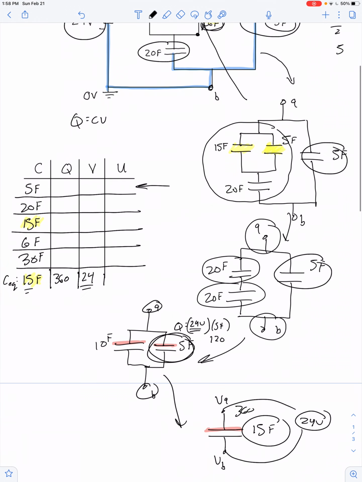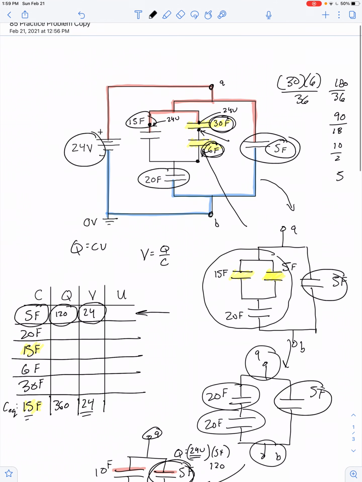So we know the amount of charge on the 5 farad capacitor is 120 coulombs. So what's the amount of voltage? Voltage is charge divided by capacitance, so 24. But yeah, we know that, right?